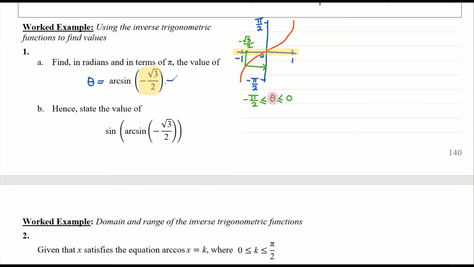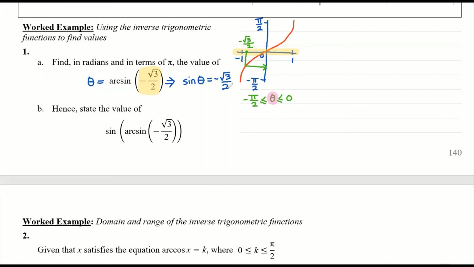In other words, sine theta must be equal to negative root 3 over 2. So what if we were asked just to solve that equation? Well, that wouldn't be too much trouble, would it, to find the angle theta? We could actually think of it in those terms if we wanted to, but what we have to do is, like I said earlier, be very, very mindful of the domain and range of the arcsine function.